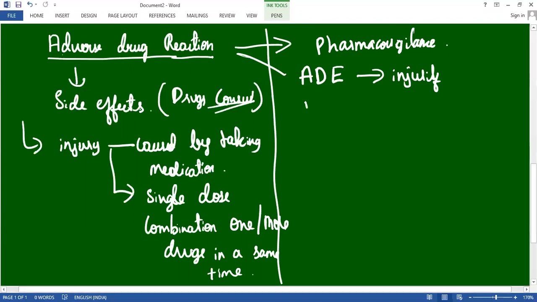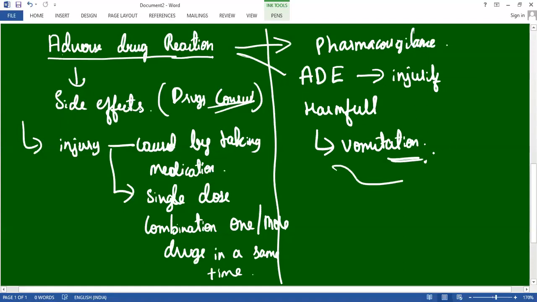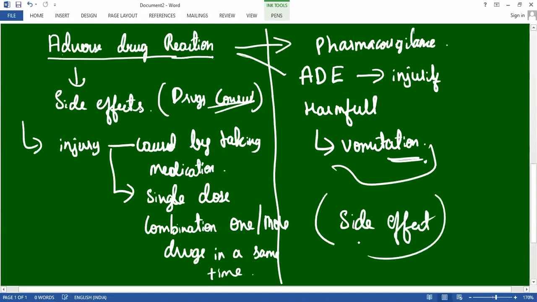This is very harmful and it may result in vomiting. So totally the meaning is nothing but the side effect caused from the drug when we are consuming a single dose or a combination of two or more medications at the same time.